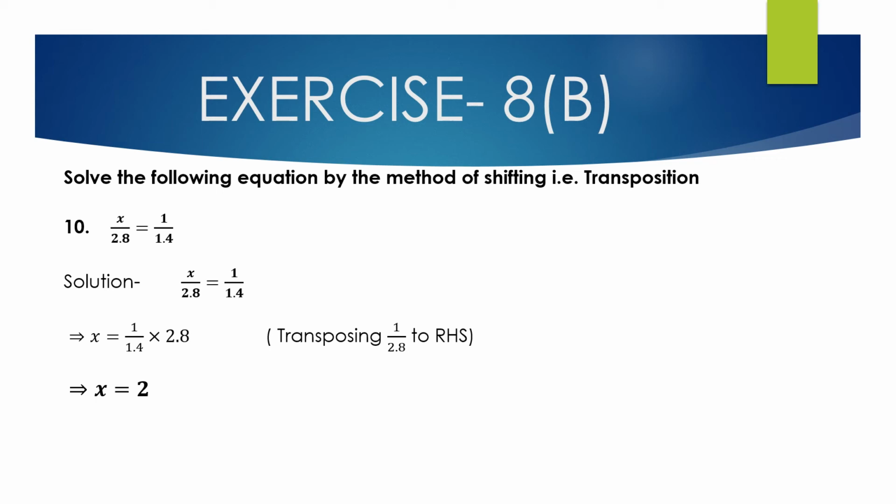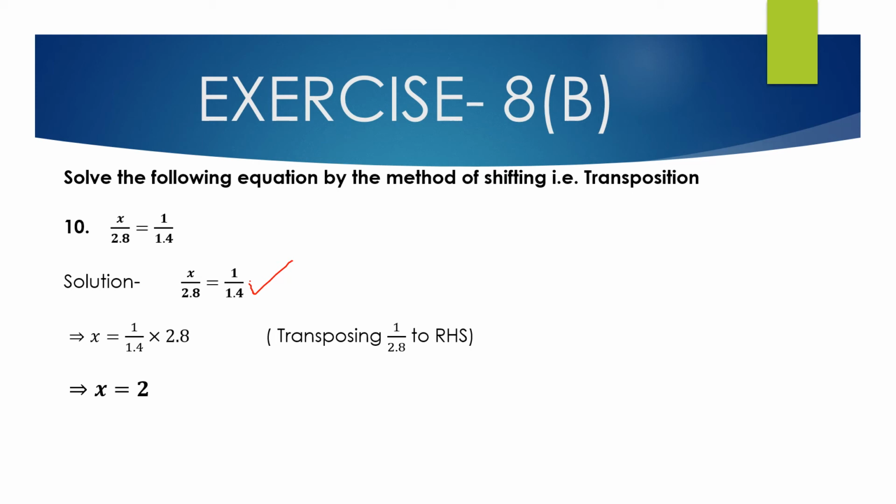Now we'll solve question number 10. Question number 10 is x divided by 2.8 equal to 1 divided by 1.4. This is the equation given and we have to solve the value for the variable x. Now on the left hand side x divided by 2.8, then this 1 divided by 2.8 on the left hand side is transposed to the right hand side.